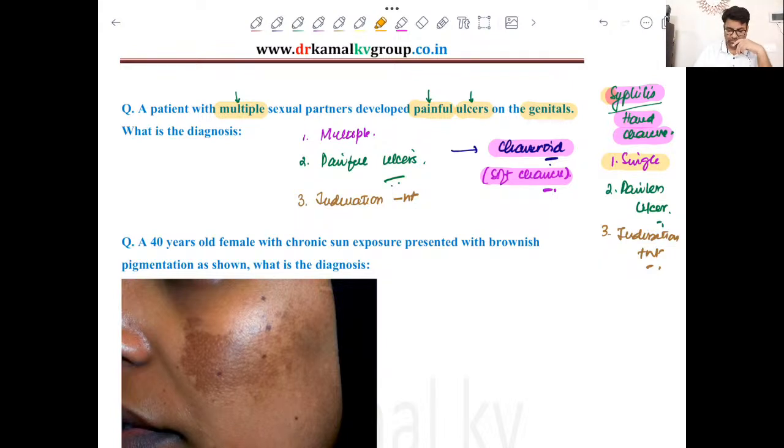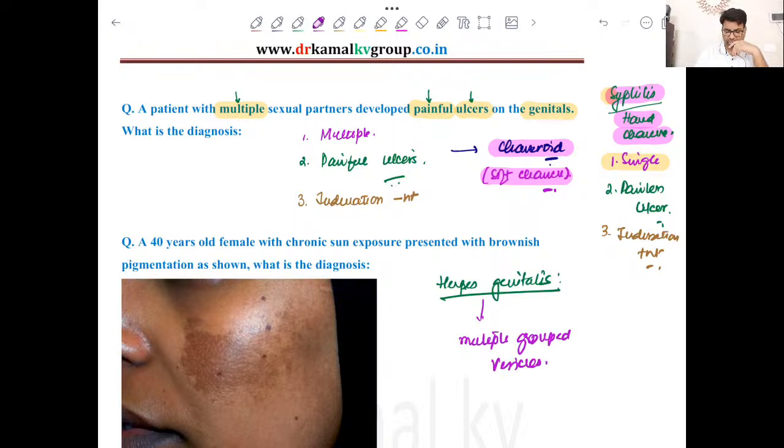So that is one thing. Now, sometimes there is one more condition, and that is known as herpes genitalis, right? So here what happens, there are multiple grouped vesicles. Clear?